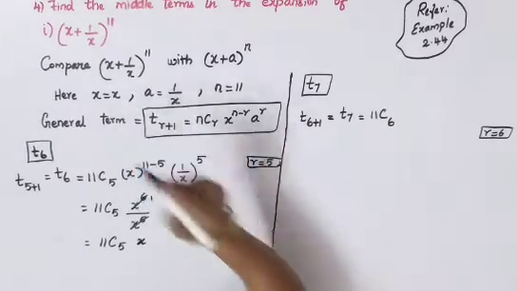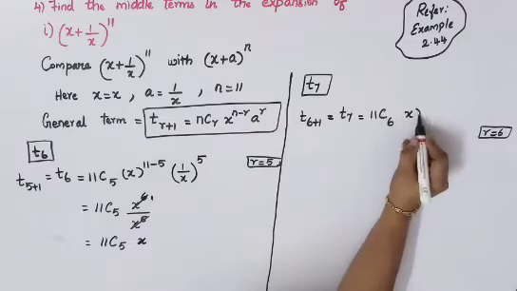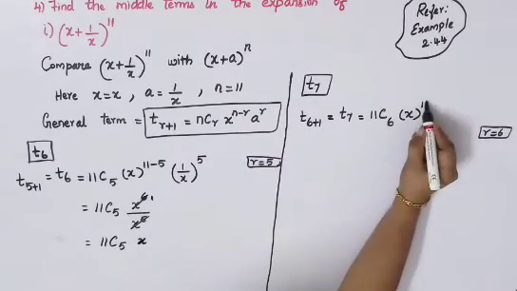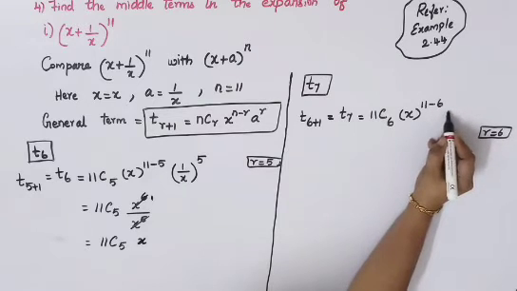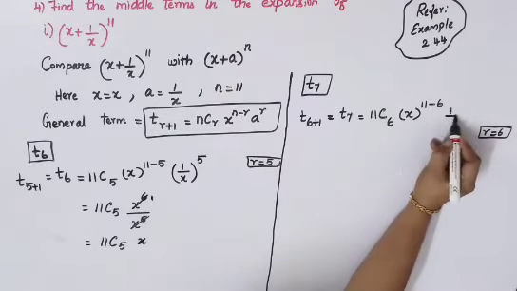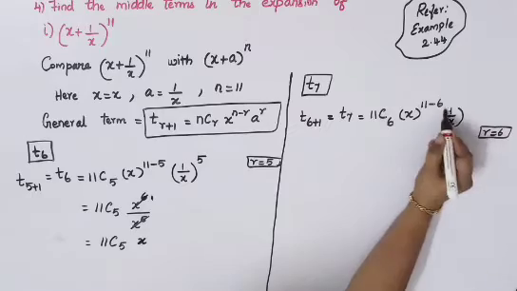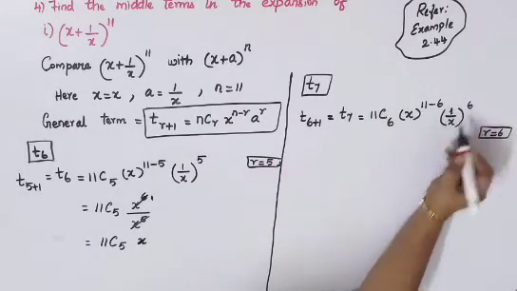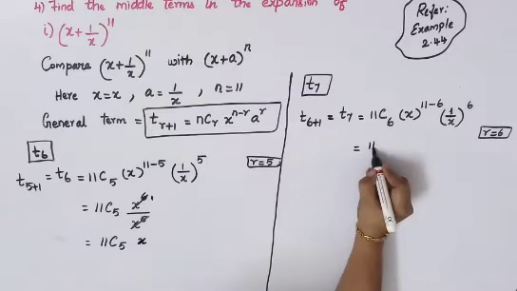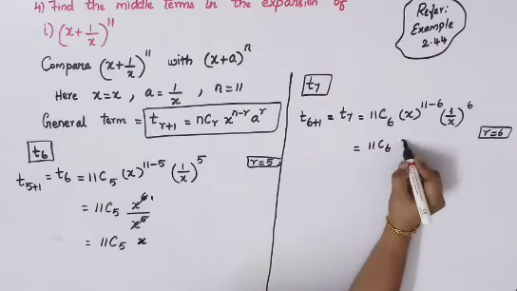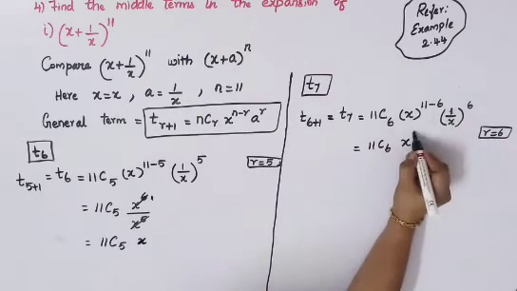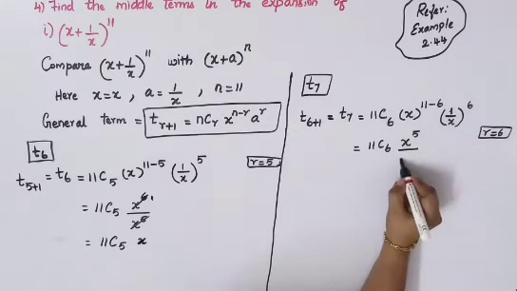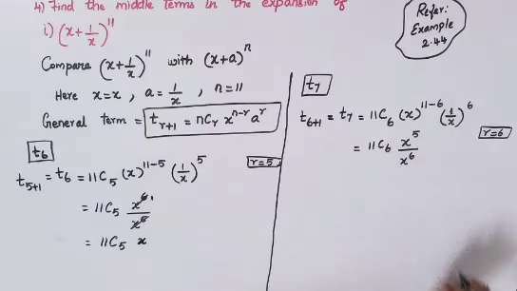Here x is x only, so x to the power n minus r, that is 11 minus 6, into a to the power r, where a is 1/x and r is 6. Now solving, 11C6 x^5 divided by x^6, which you can bring to the denominator as x^6.